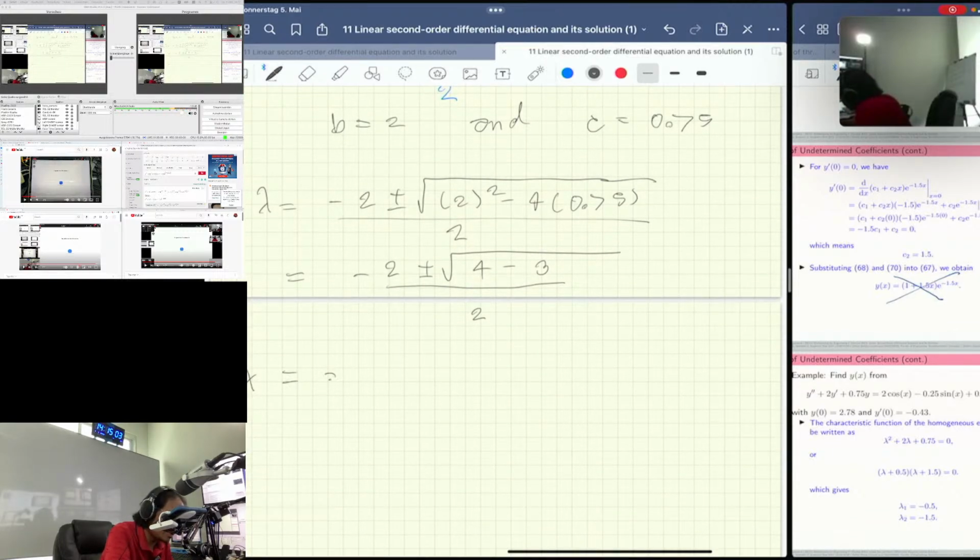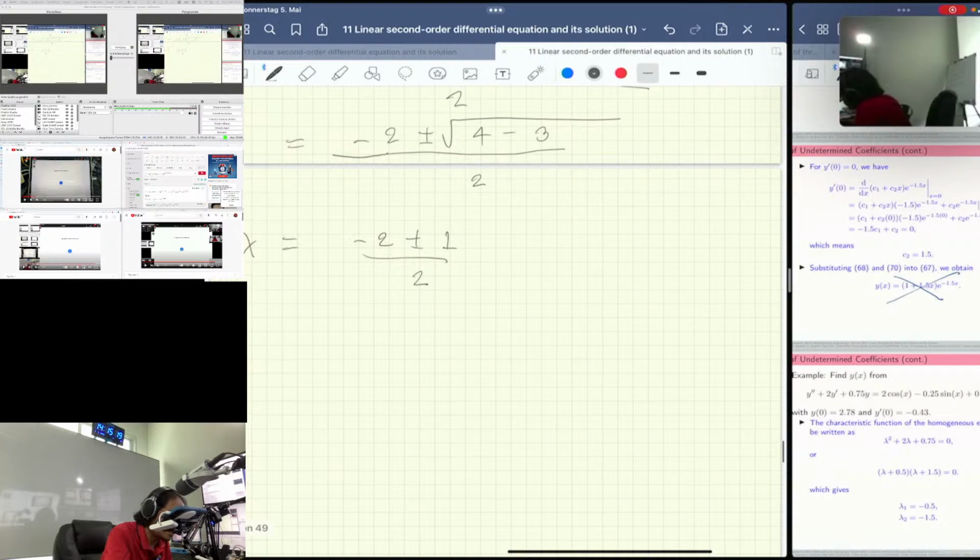So lambda will be negative 2 plus or minus 1, divided by 2. So it can be decomposed into 2 solutions, right? Lambda 1, in the case of minus, is going to be negative 3 by 2, and lambda 2, when it's plus, is negative 1 by 2.